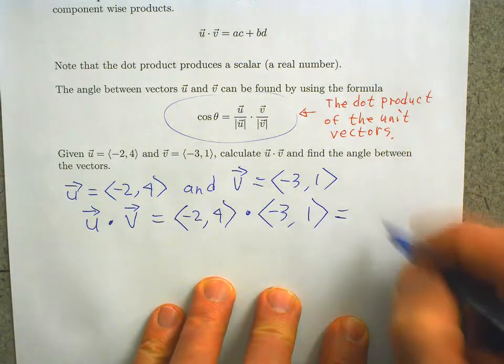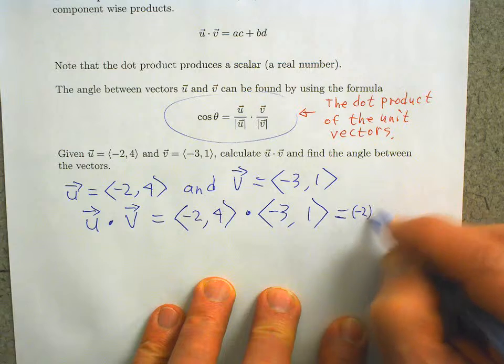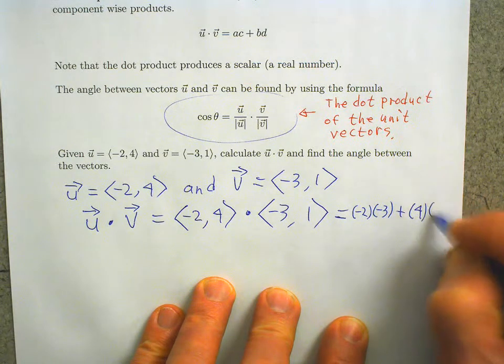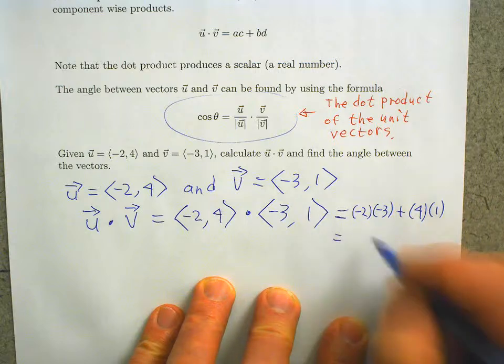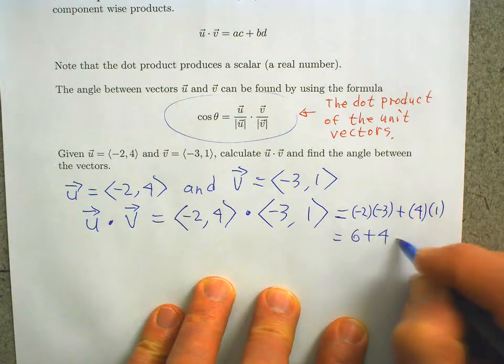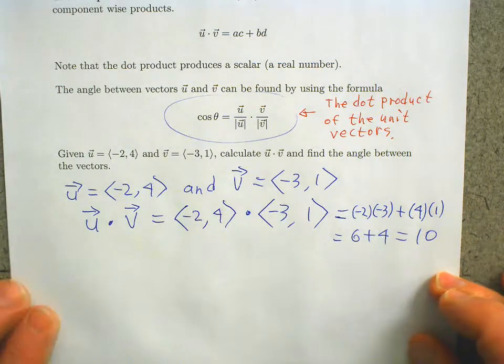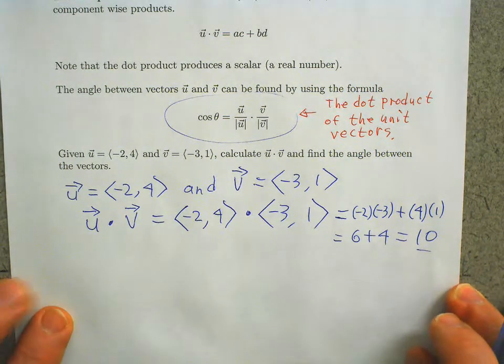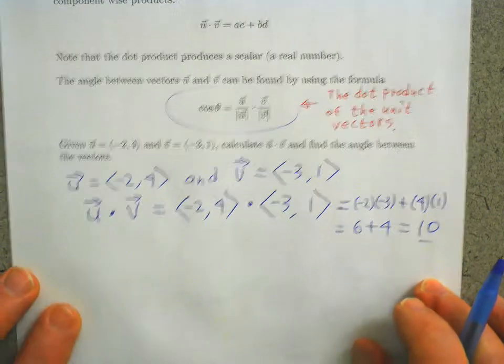So this is just -2 times -3 plus 4 times 1, or 6 plus 4, which is 10. Okay, so that's the scalar that's produced by the dot product.